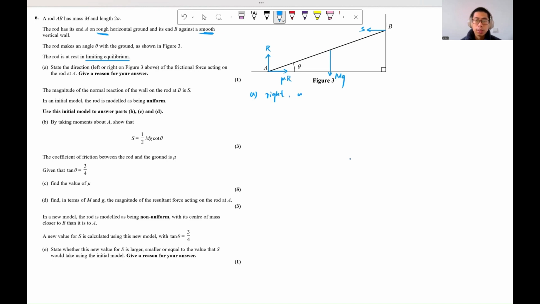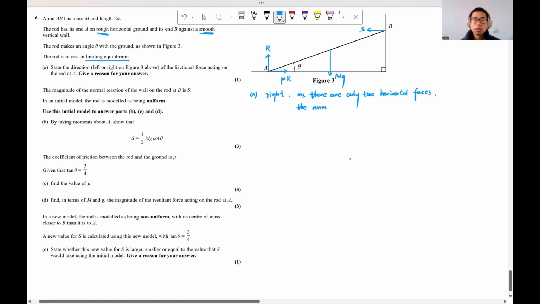Right, as there are only two horizontal forces, S and the friction, and the normal reaction at point B is acting to the left.